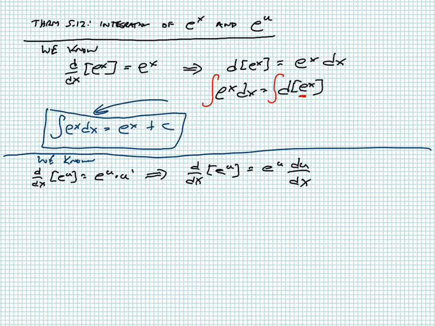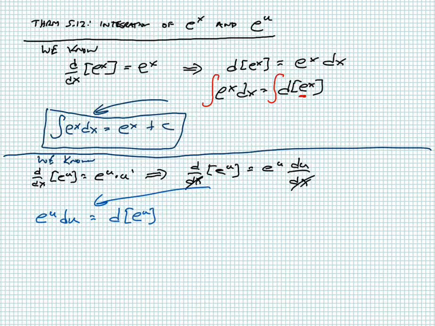So anyway, here what I can do is multiply both sides by dx, and if I do so, then these cancel. I'm going to flip this around, so I get e to the u du is equal to d e to the u.